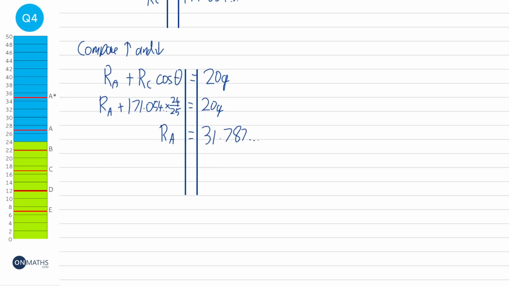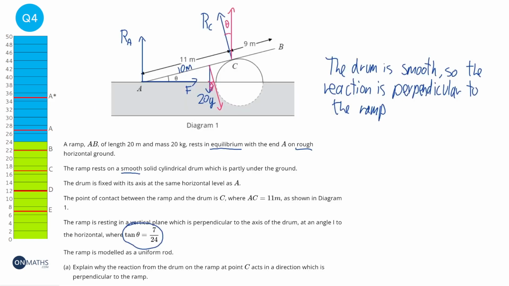Okay, next we're going to compare the left and the right, and again it's in equilibrium, so they're going to be equal to each other. And so we've got our friction force going right, and we've got each of the components here and here going the other way.